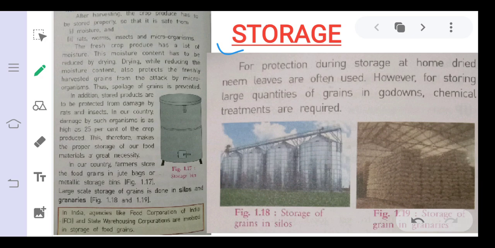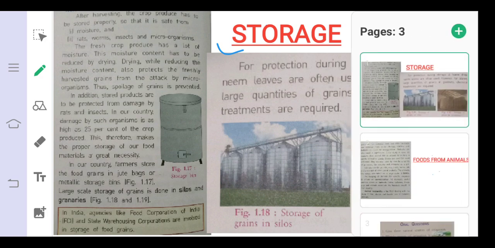The main thing is that when our grains are freshly cut, they have some moisture content. So before storing, the first thing that we should do is dry them.